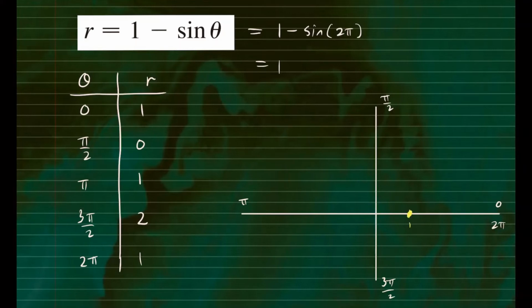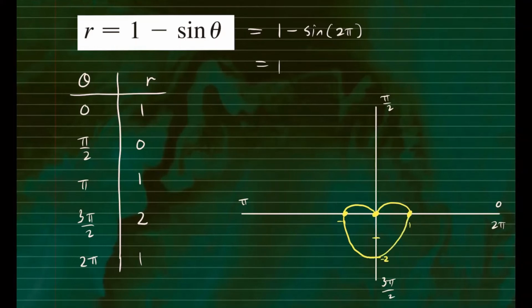When theta is pi over 2, we're back at 0. So curve it right here. For pi, we're at 1, so right here. For 3 pi over 2, we're at 2. So let's call this 2, right here. And for 2 pi, we're back to 1. There you go. So that's a cardioid.